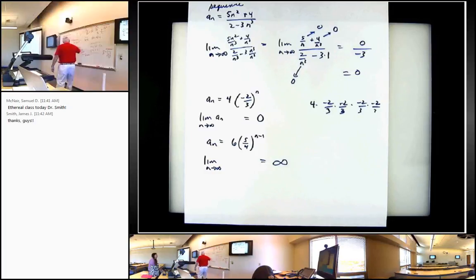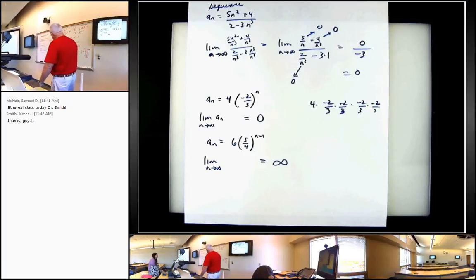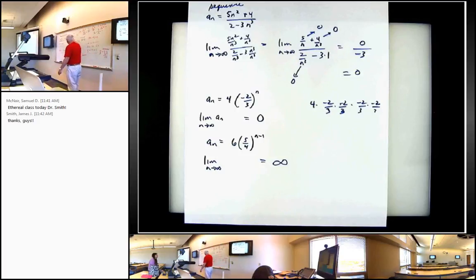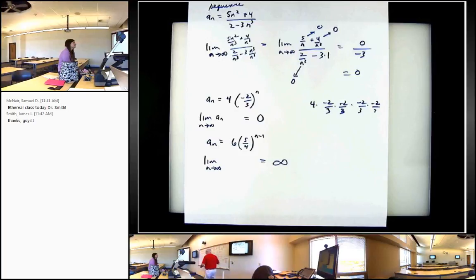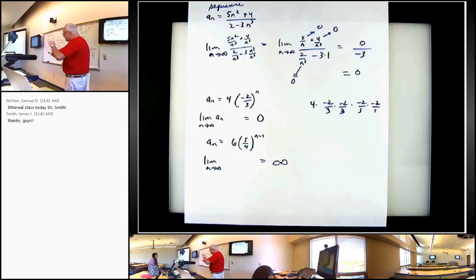That's the divergence test. If the limit of the term doesn't equal zero, then it diverges. But you cannot say that if the limit of this term equals zero, then it converges. You can only say if it converges, then the limit equals zero. That's a different statement.